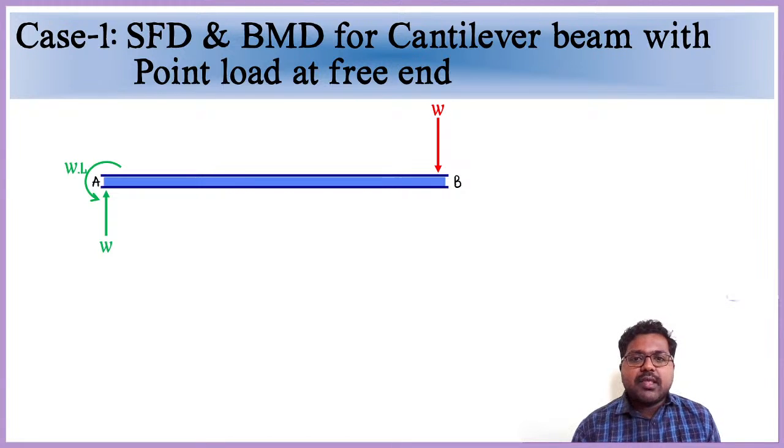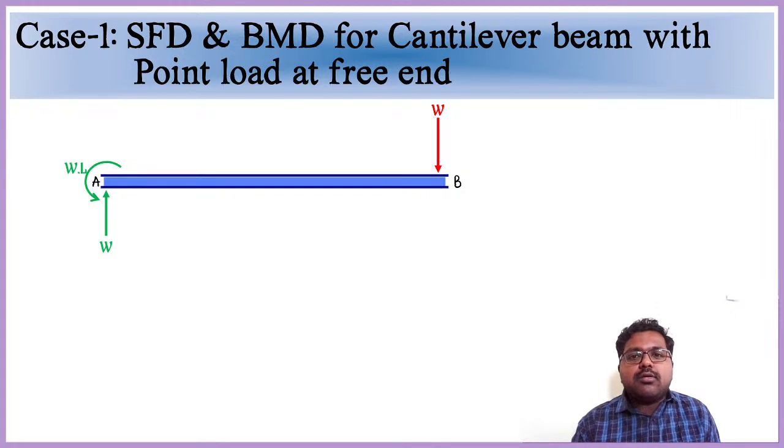So for that, we already learned some points regarding drawing these shear force and bending moment diagrams. So first and foremost, kindly consider either the right hand side or left hand side of the member.